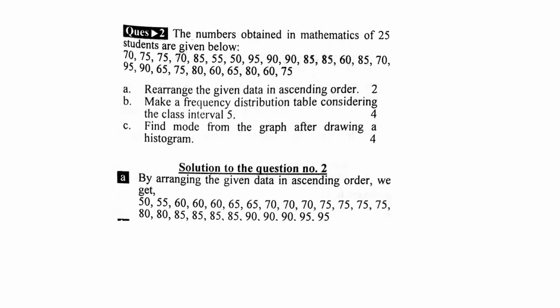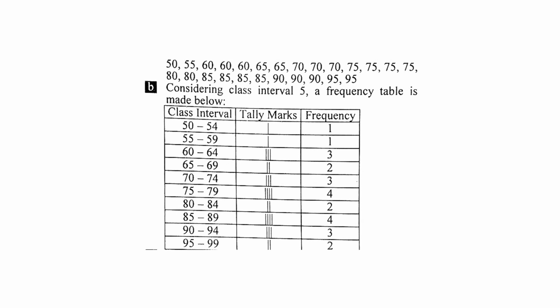Now I'll discuss question number B. From A we get this ascending order, that is the organized form of the numbers. And considering class interval 5, a frequency table is made below. If you arrange the data in ascending order, you can easily make a frequency distribution table.